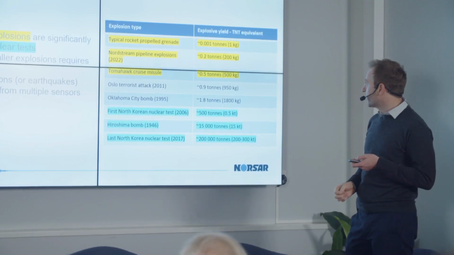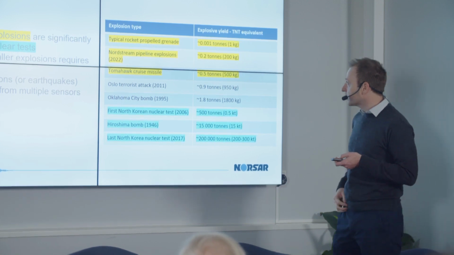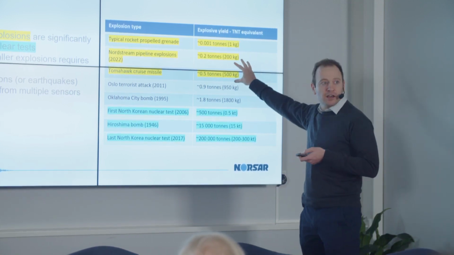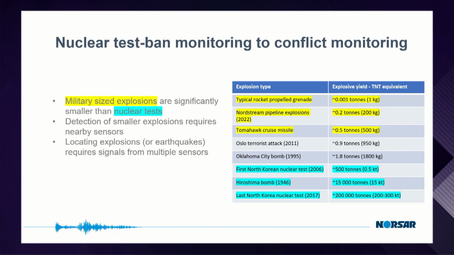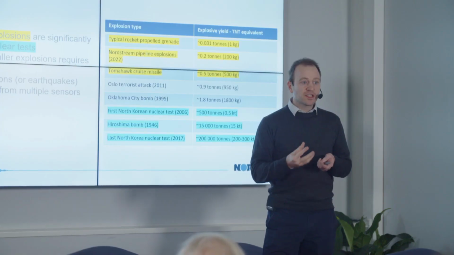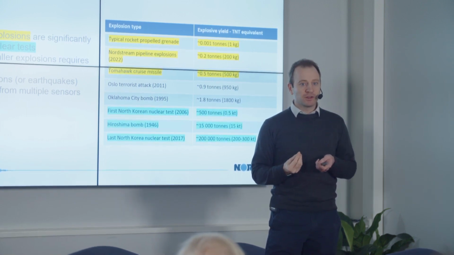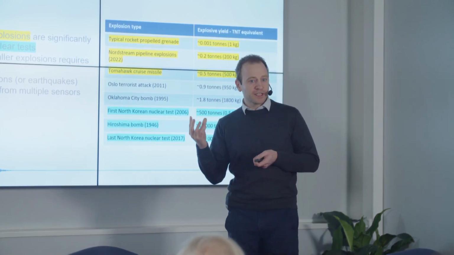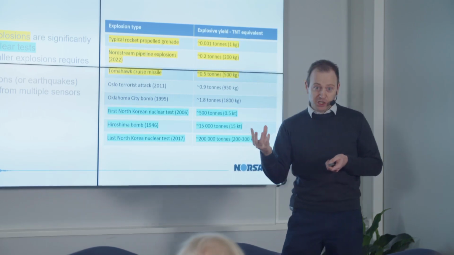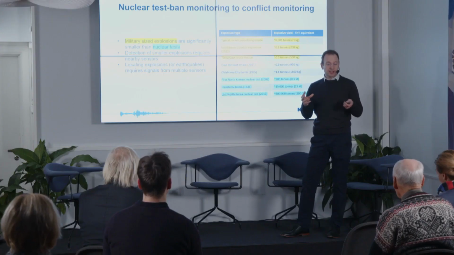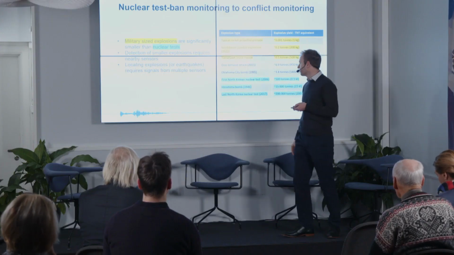And you can see that for military size explosions, we are looking on the scale of kilograms of TNT, whereas for nuclear explosions, we're looking at the scale of kilotons. So if we want to pick up this sort of activity using the same technology that we use for monitoring nuclear explosions, we have to have a lot more sensors potentially and a lot closer to where the explosions are taking place.